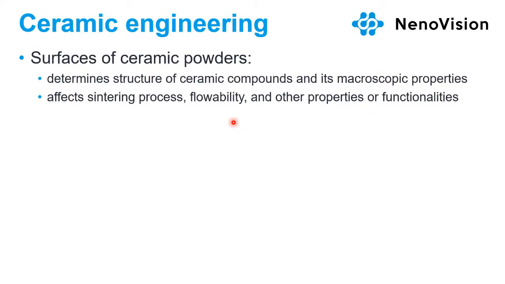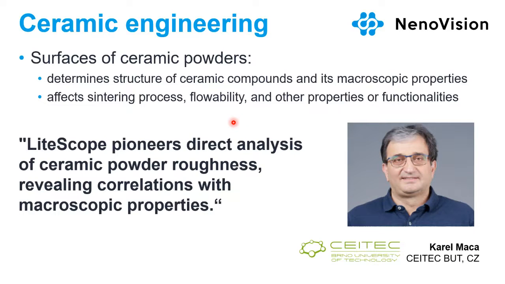And if we understand surface properties in the micro and nano range, we can understand the bulk properties of the whole ceramic device or compound. So the surface of ceramic powders affects the sintering process, or properties such as flowability, or how compact the particle is, and other properties and functionalities.